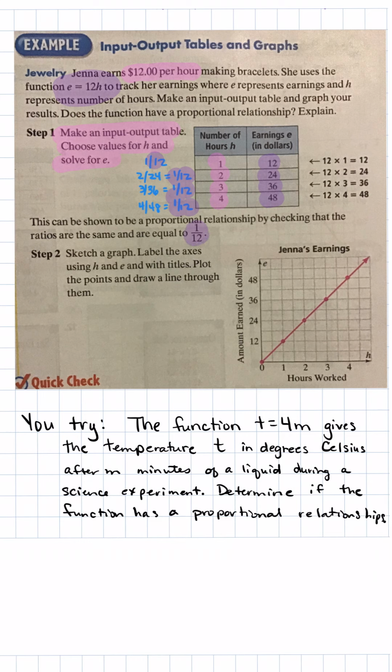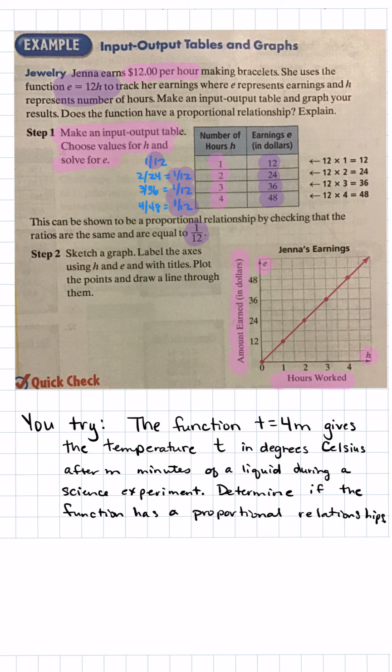Now we can sketch a graph, label the axis using H. So here's H for hours worked, and E, here's E with titles. So earnings in dollars. Amount earned in dollars. Plot the points and draw a line through them.